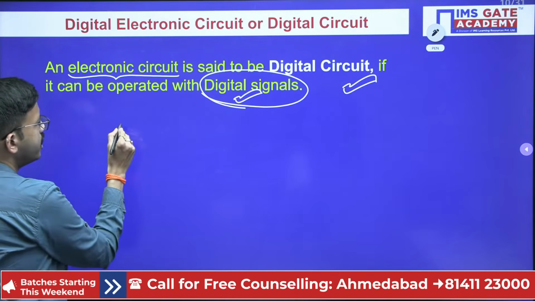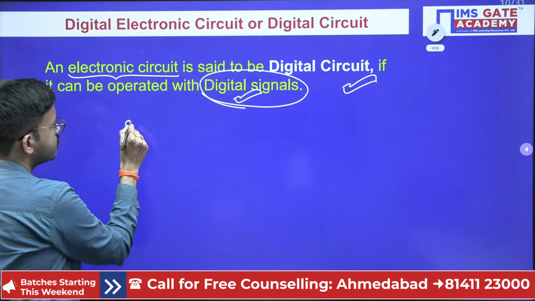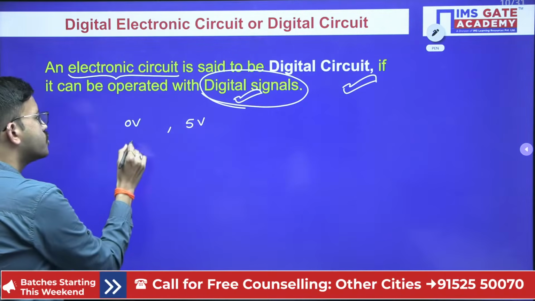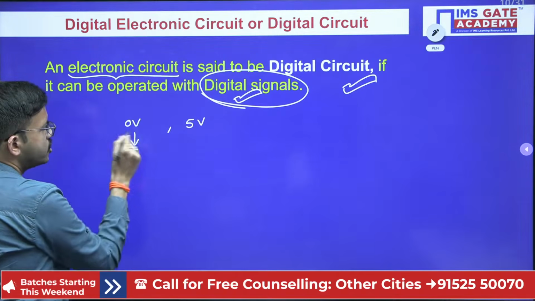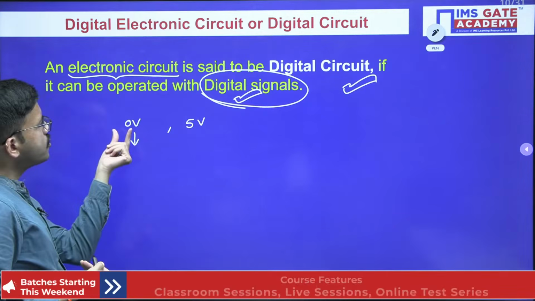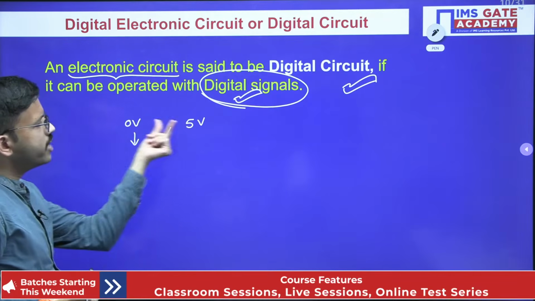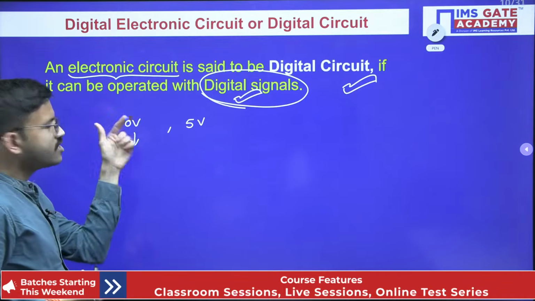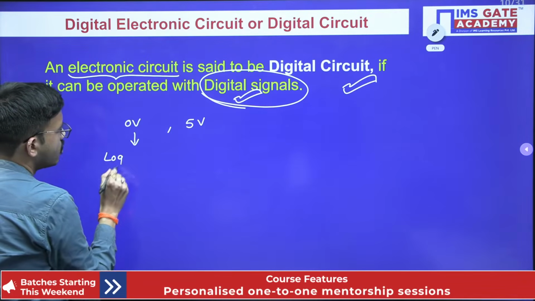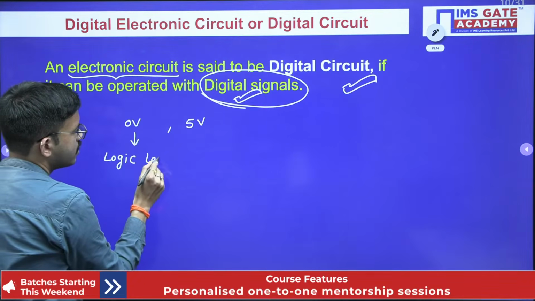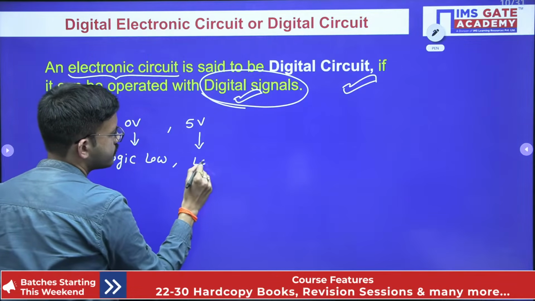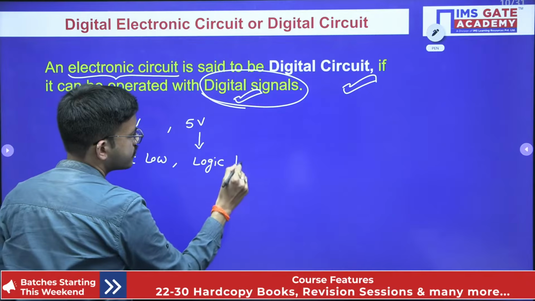When you call one level 0 volt and another 5 volt, in general we will consider the 0 volt in terms of logic. When you observe these two, 0 volt and 5 volt, this is lower, this is higher. Accordingly, you can say this is logic low, and this one is logic high.